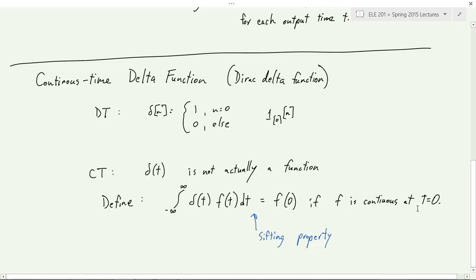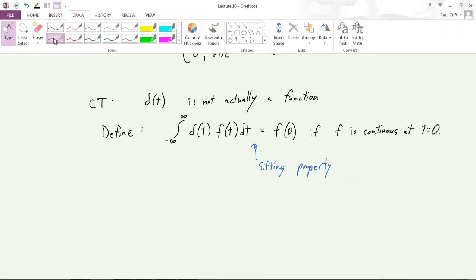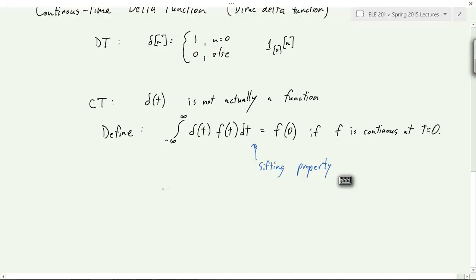Okay. Now, of course, once you have that, then you have the generalization of the shifting property. Let me write this again. Usually we want to express it slightly more generally, although really this is just a change of variables.